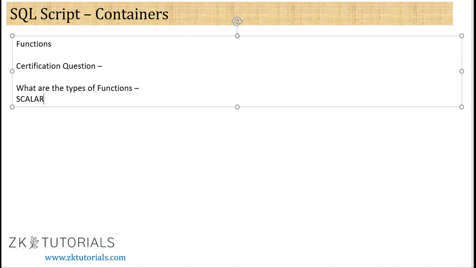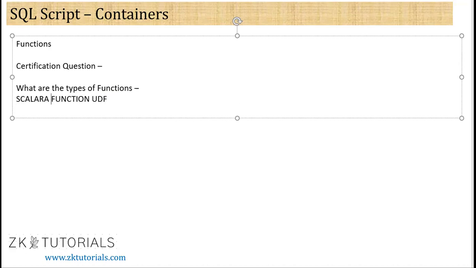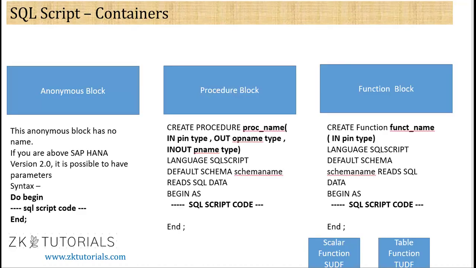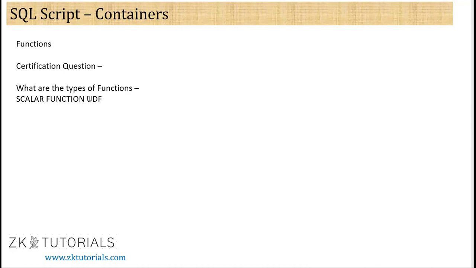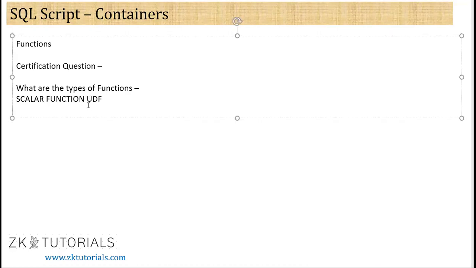First is the scalar function, which is known as scalar UDF. And second is known as table UDF. This is clear, right? It depends on what type of data the function returns.